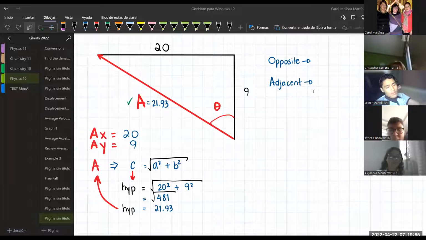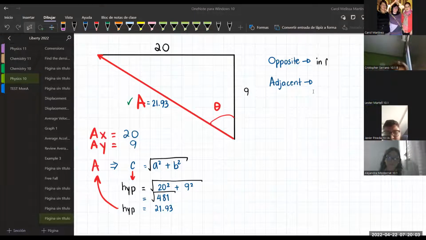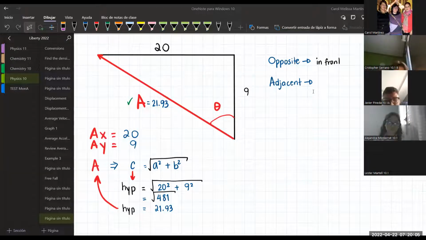Remember that opposite means in front, okay? The opposite is the one of 20 and the adjacent is the one of 9.